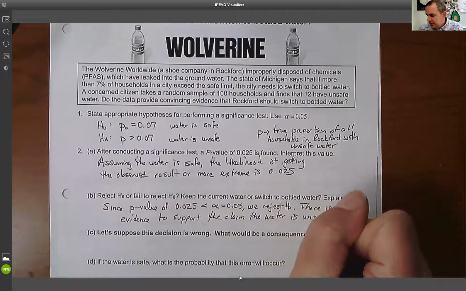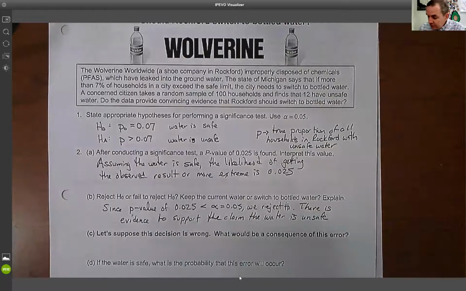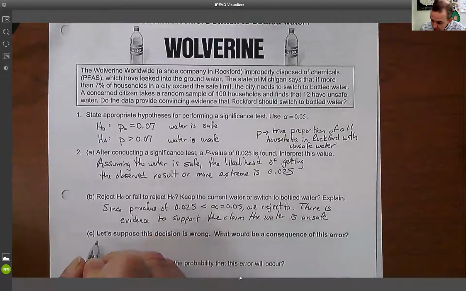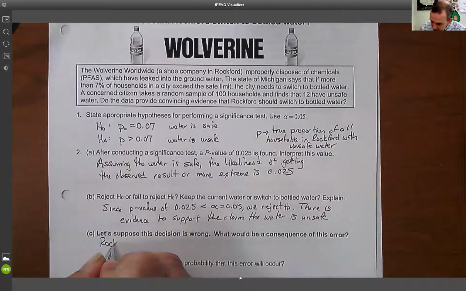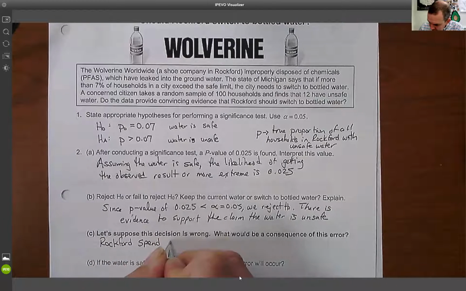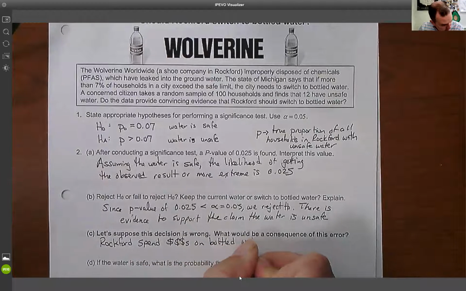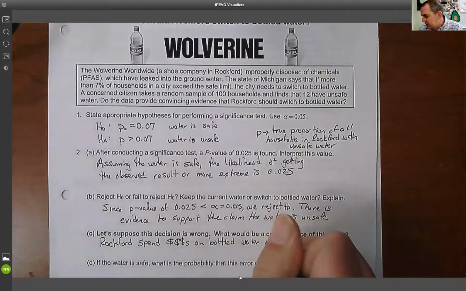Okay, so now we're going to get into the types of errors we can make. So here's the first type of error. Let's say this decision's wrong. What would a consequence of this error be? In this case, we're saying that it's bad water when it's actually not bad water. The consequence of this is Rockford's going to spend a whole lot of money, spend dollars on bottled water when they didn't need to.